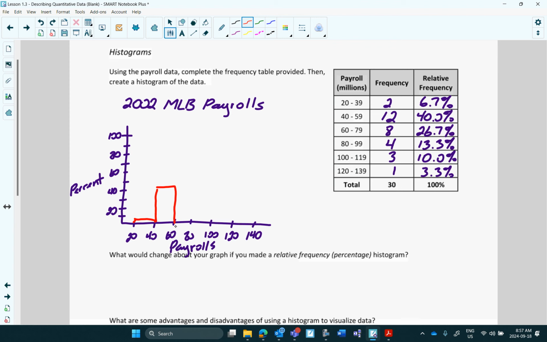For the next bar, 26.7, so a little more than halfway between these two notches. Somewhere around there. I should go a little higher. 13.3, somewhere around there. 10 goes in line with the first notch. 3.3 goes way down. Almost non-existent.